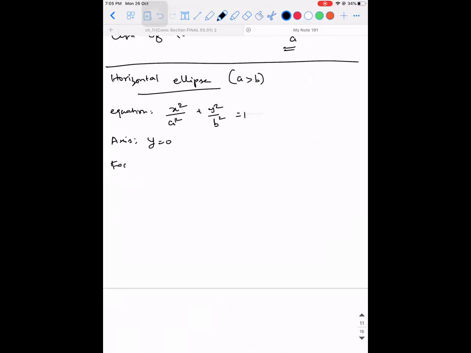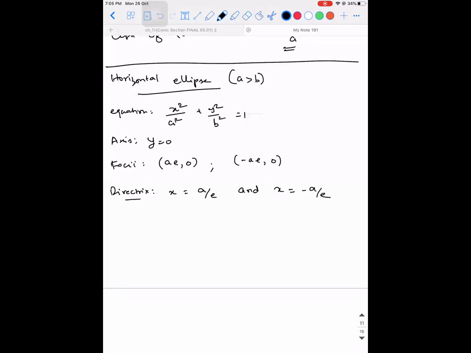What are the foci? ae comma 0 and minus ae comma 0. What are the directrix? x equal to a by e and x equal to minus a by e.